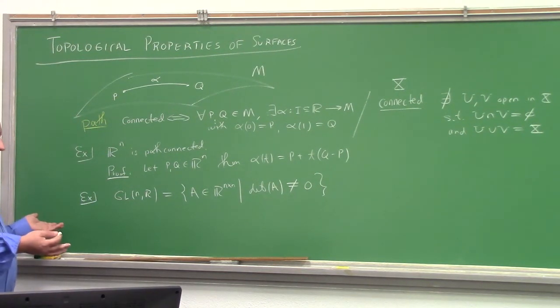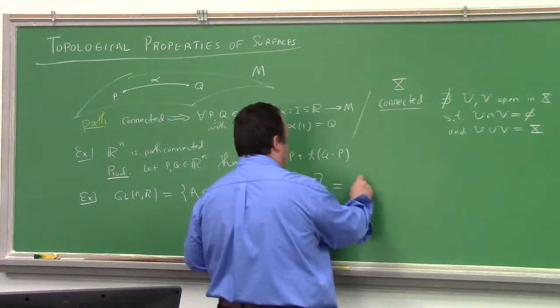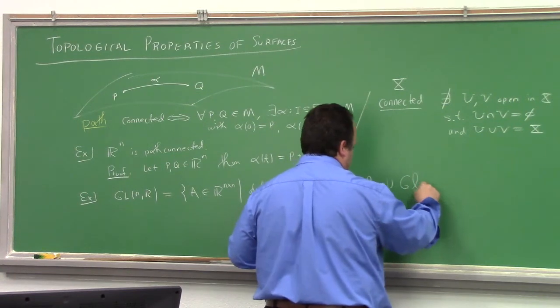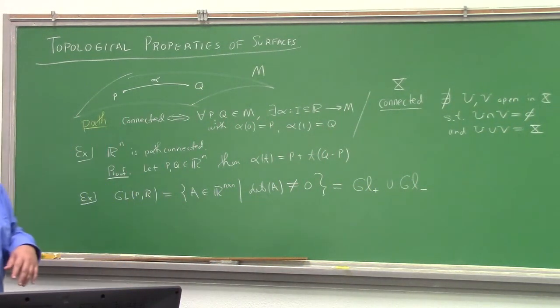The reason being, you can have matrices which have positive determinant, and you can have matrices which have negative determinant, right? Those are the two cases. So basically this is GL plus unioned with GL minus. And actually those form a separation of the set of all invertible matrices.